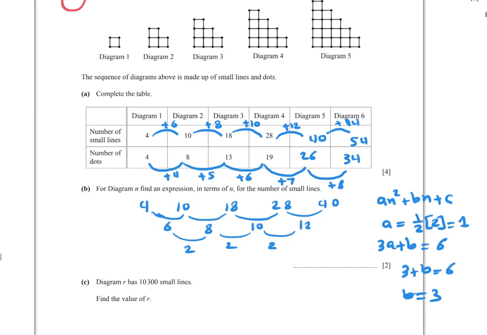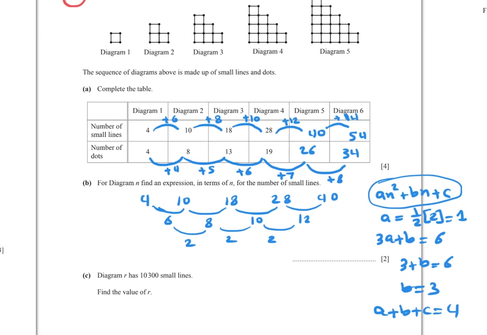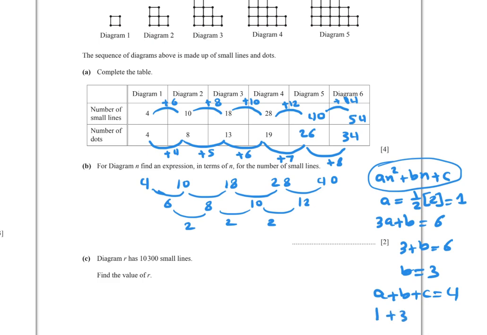Now to find c, a plus b plus c equals the first number, which is 4. a equals 1, b equals 3, plus c equals 4. So now you can deduce that 4 plus c equals 4, so c equals 0. So the nth term equals n squared plus 3n. This is the nth term for this sequence.